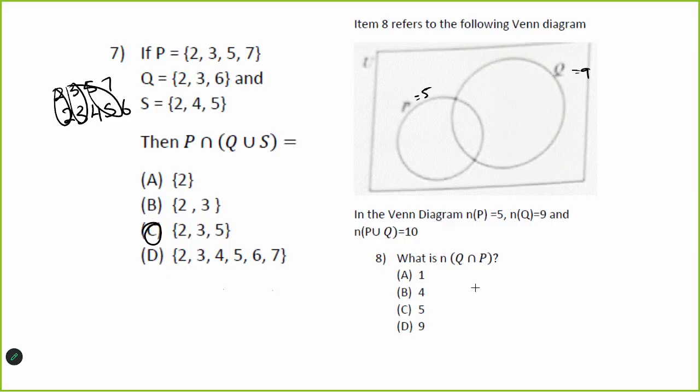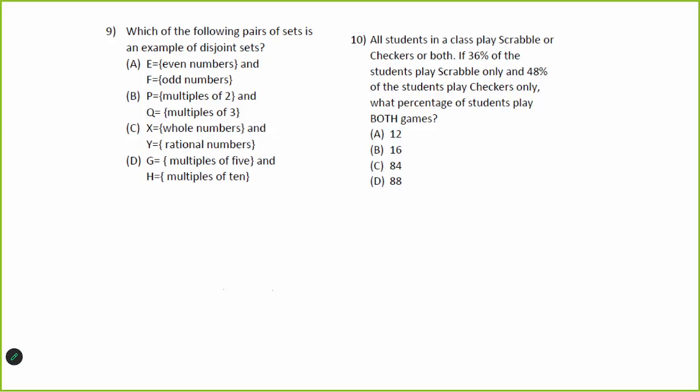Again, you all need to remember that the union of P and Q, 10, is equal to the number of elements in P, which is 5, plus the number of elements in Q, which is 9, subtract what they both have in common, which is what they're asking. So 10 is equal to 5 and 9 is 14 minus what? 14 minus 4. We did this question already. The answer is 4. Right?